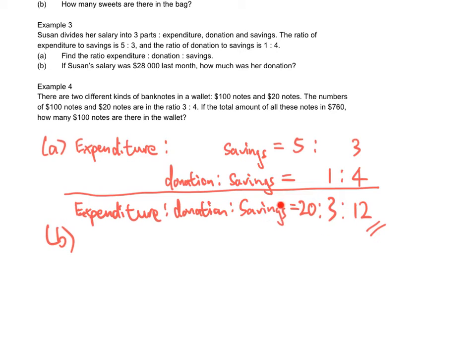That means total how many parts? 35 parts. This is the first thing. Divide 28,000 into 35 parts. And 12 parts for saving, only 3 parts for donation. So that's the meaning. The amount of donation is the title.